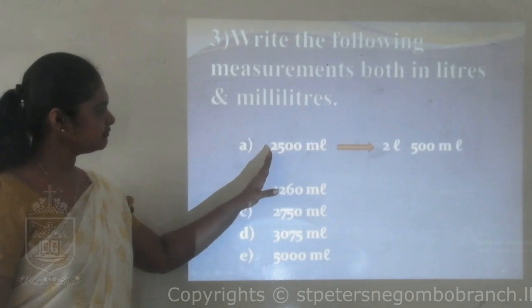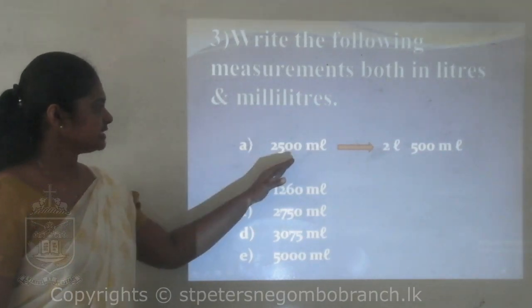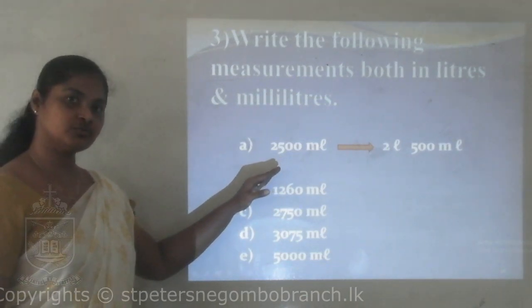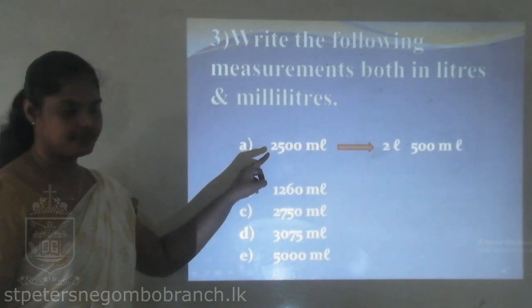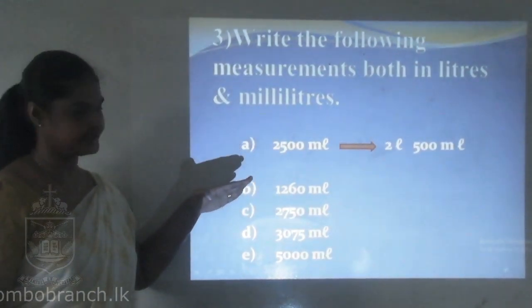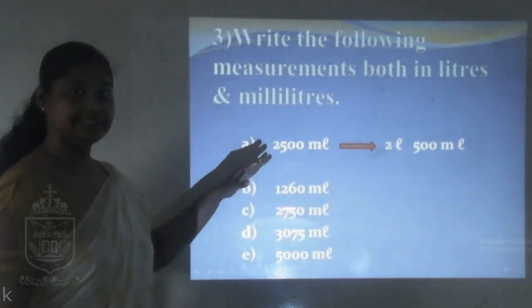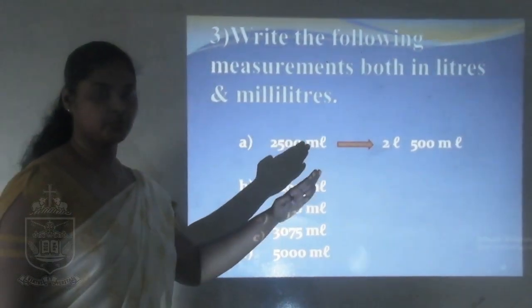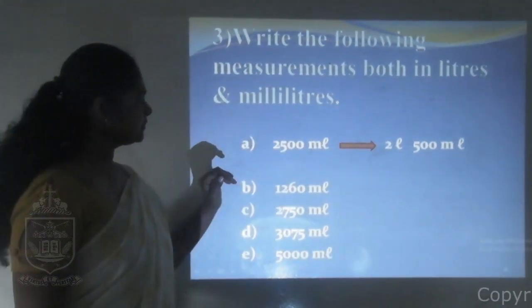Now here you have 2500 milliliters. That means there are groups of thousands inside this. But you cannot divide the whole number by 1000. It's very clear. So now we are going to convert the milliliters into liters and milliliters both. We are going to keep the answer in both the units. Right.